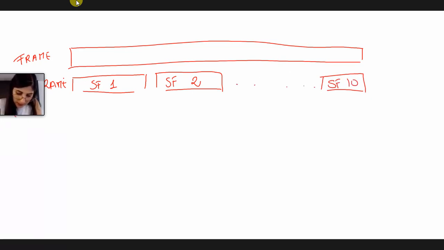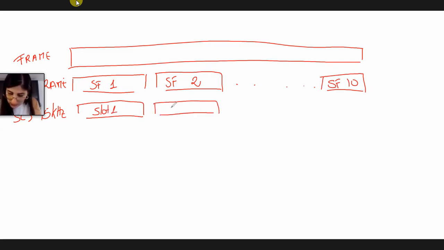Let us consider subcarrier spacing at 15 kilohertz. That means that we have one slot in each subframe. So slot 1, slot 2, and up to slot 10 inside one radio frame.